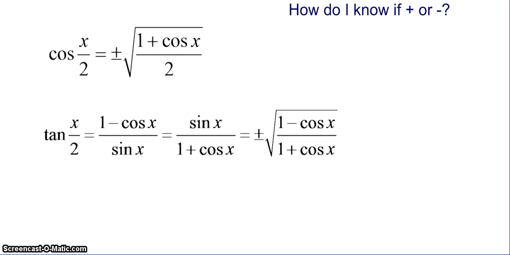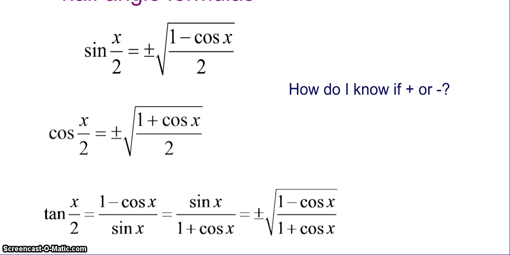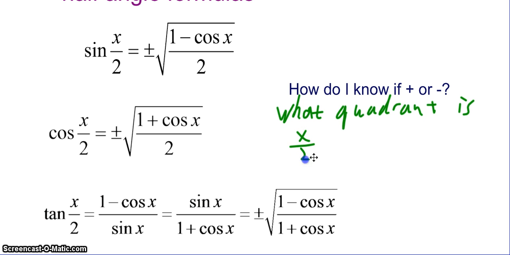So as you're looking at these, you're like, great, plus or minus. How do I know if it's going to be the plus or minus? Another good question. It's pretty simple, actually. You just need to ask yourself, what quadrant is x over 2 in?